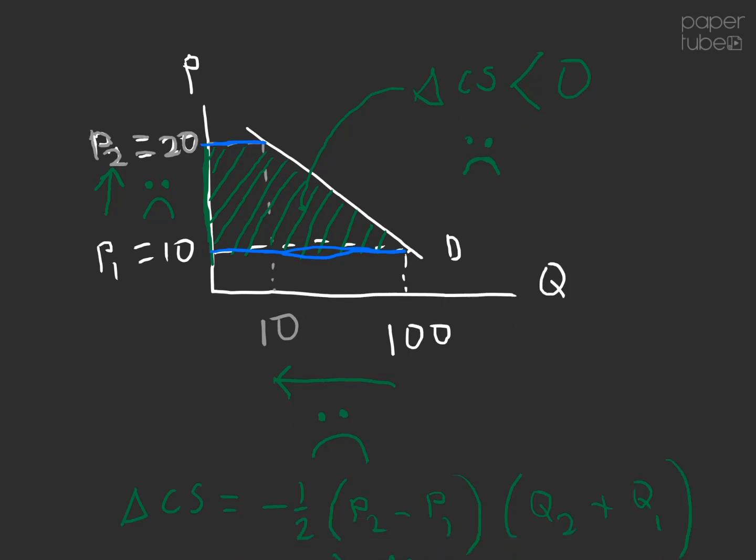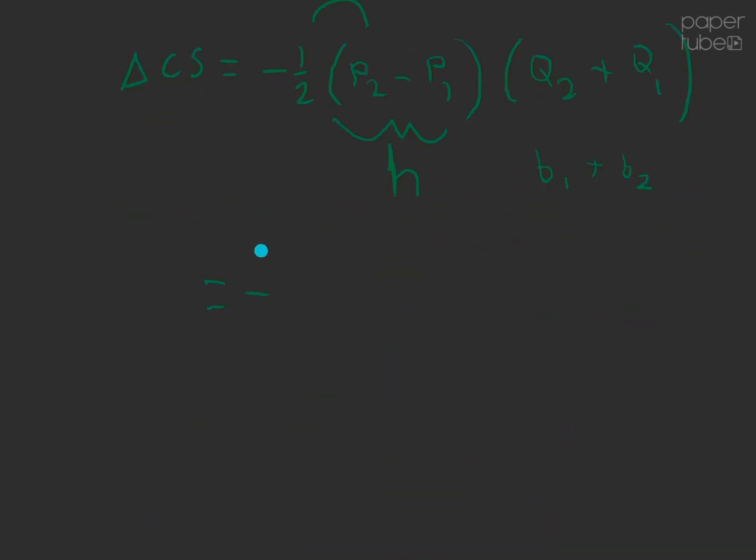So let's add some numbers. Negative 1/2 multiplied by, open parentheses, 20 minus 10, close the parentheses, open a new one, and then the two quantities, 10 plus 100. Close that parentheses. Before we start plugging the numbers into our calculator, I want to point out that 20 minus 10 is going to be positive, and the negative 1/2 is going to be negative. So we're going to end up multiplying a positive by a negative.